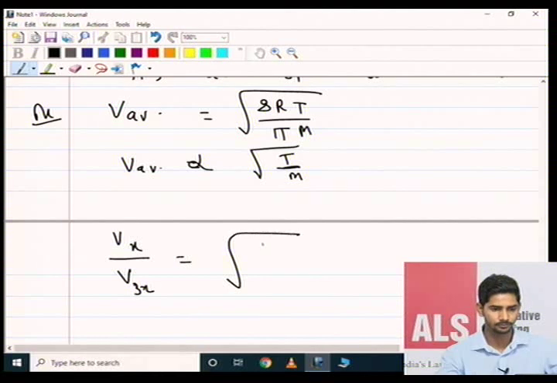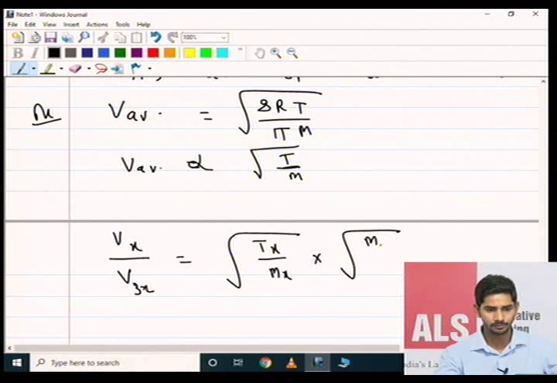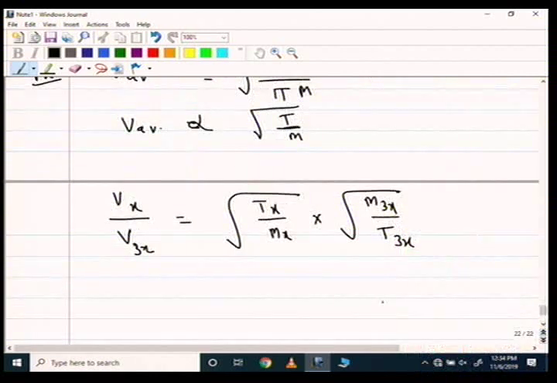Under the root, Tx upon Mx into M3x upon T3x. Are you getting this, guys? What I was trying to write? Okay, that's cool. Now, this is x and this is 3x. Just put the values.